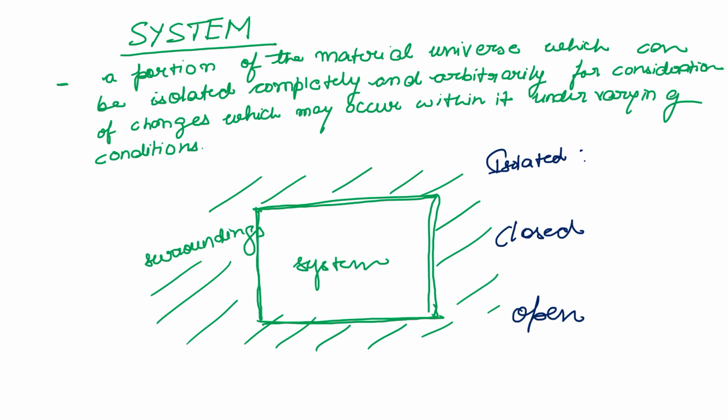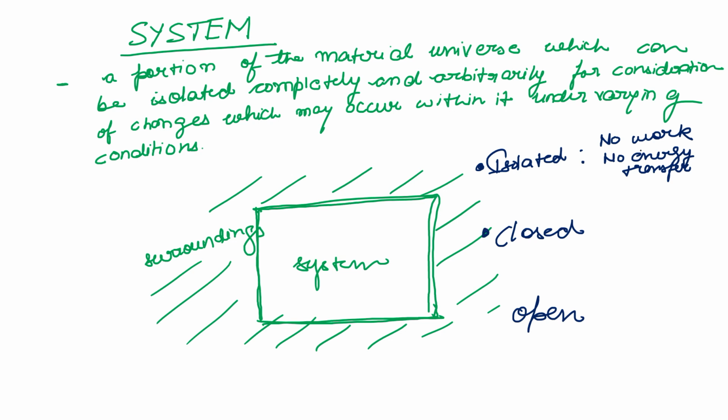So what do we mean by an isolated system? In an isolated system, no work is done either on the system or by the system. So neither is the system doing any work nor are we doing any work on the system, and there is no energy transfer as well, right? And this is isolated completely from the entire universe.